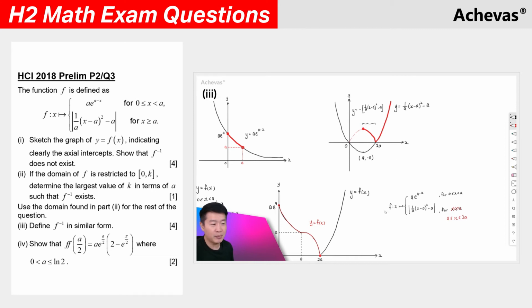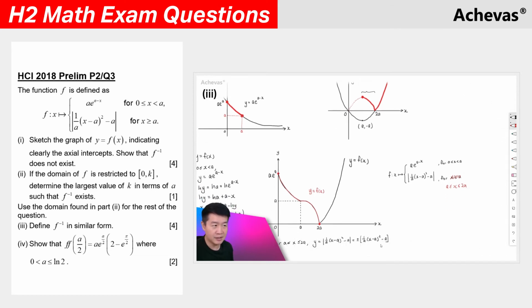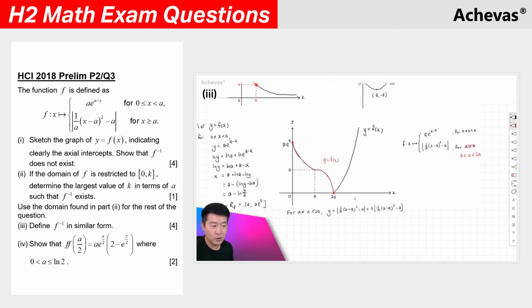And that is why, between plus or minus, since we are working on the reflected portion of this graph, we will choose minus. So it is minus of 1 over a, (x minus a) squared minus a.